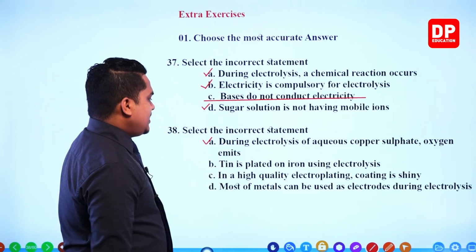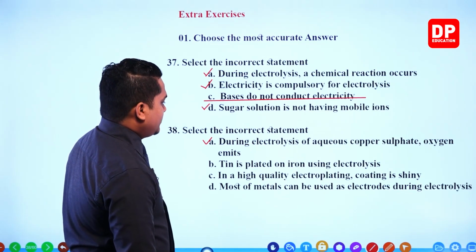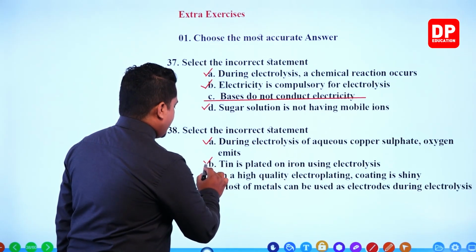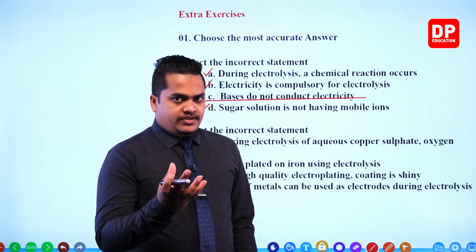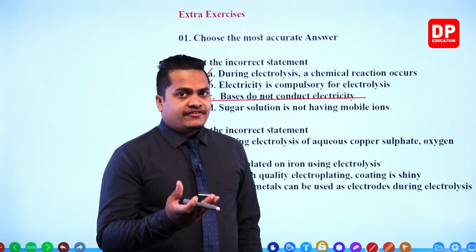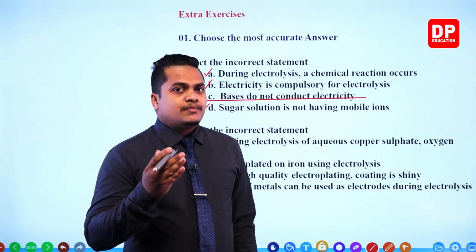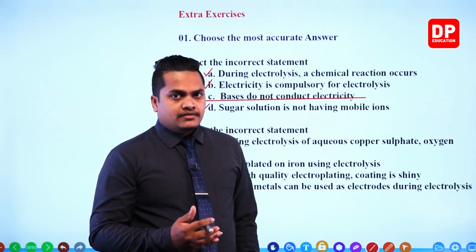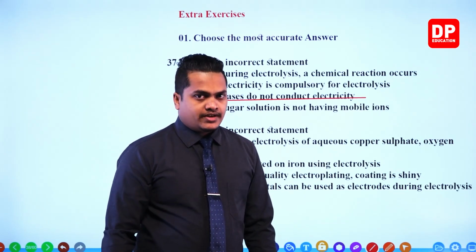Tin is plated on iron using electrolysis. Correct. The sardine tins and other kinds of tins that we use are plated with the metal called tin. So here we use the process of electroplating. So it is correct.